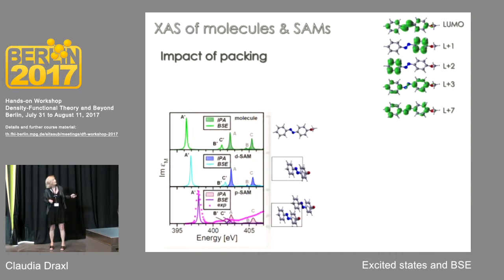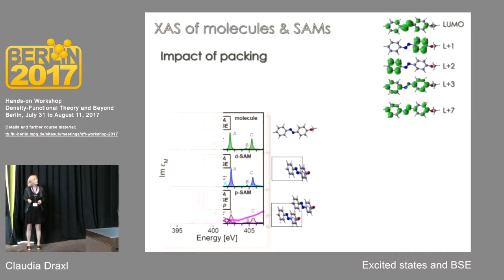And in the middle, we have what we call a diluted SAM, which only has half the amount of molecules, so only one molecule in the unit cell. So this is busy, so let me switch off the Bethe-Salpeter equation first and just focus on the independent particle solution first. Okay? So what we see here is three peaks, A, B, and C.